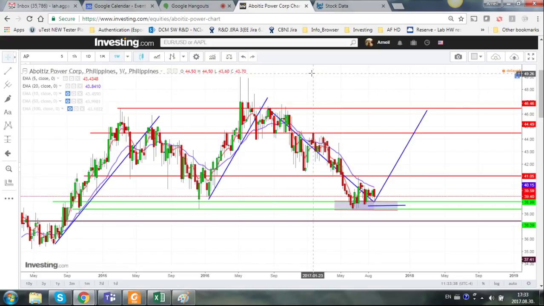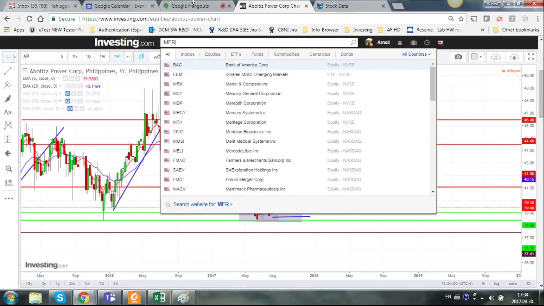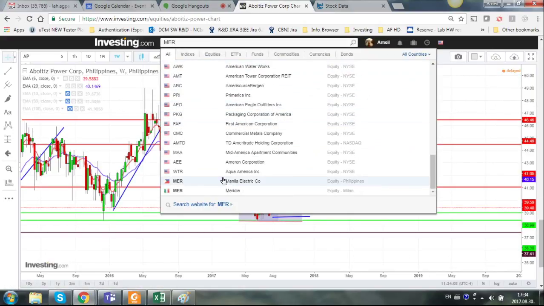So may ex date na sa dividend at August 24, and after August 24 biglang nag-down yung Meralco stock, kasi after the ex dividend date pwede nang mag-sell yung investors ng kanilang shares, but then still receiving the dividend payment during the payment date. So yan ang nangyari kay Meralco.